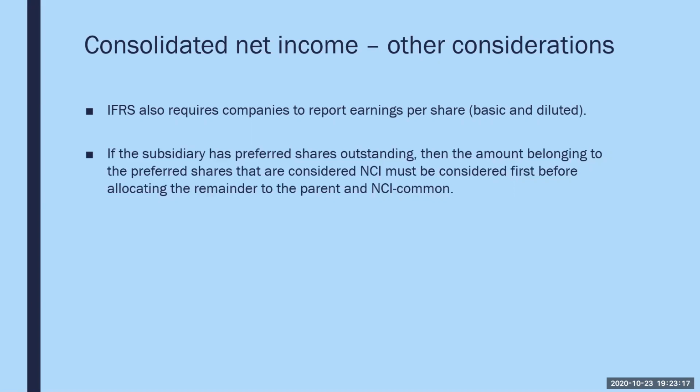So that's a slightly complex adjustment. For the moment, just be aware that if the subsidiary company had preferred shares, then a portion of the net income must be taken out because it pertains to the preferred shareholders.